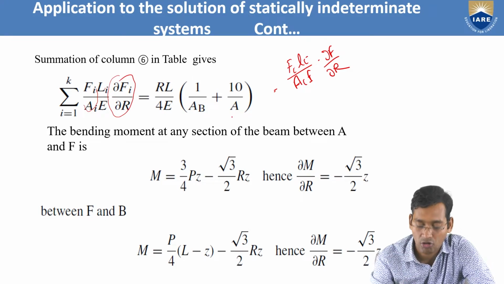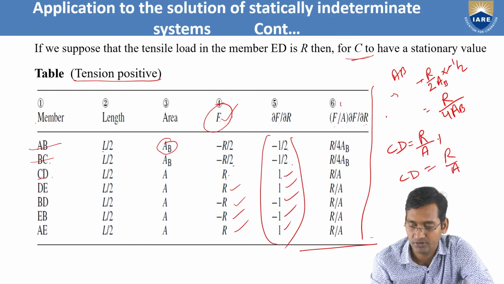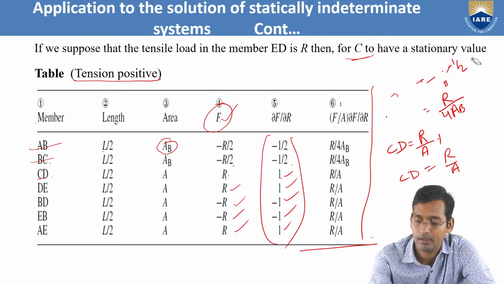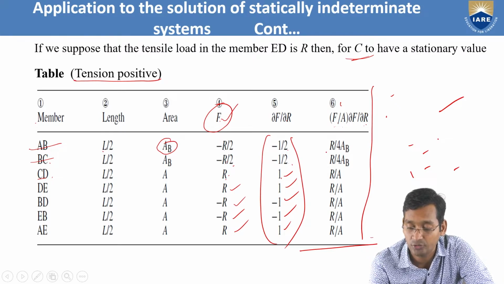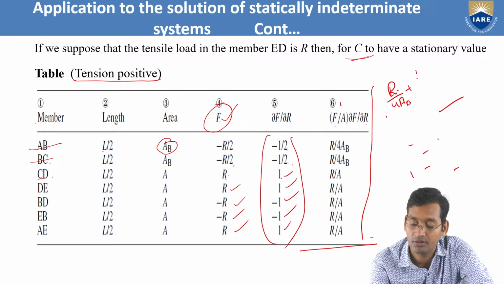Now after adding all the values, just see here, I'm adding. So what will we get? R by 4AB, so this will be R by 4AB plus R by 4AB. This way I can write R by 4AB plus R by 4AB.